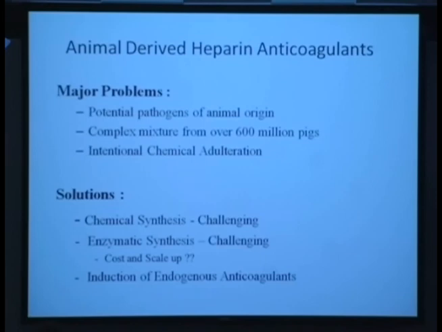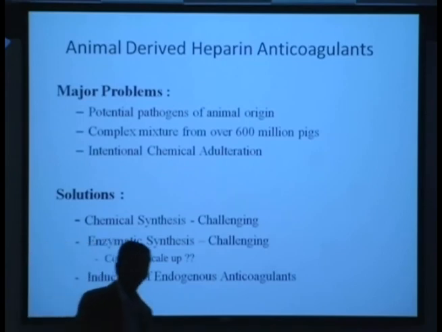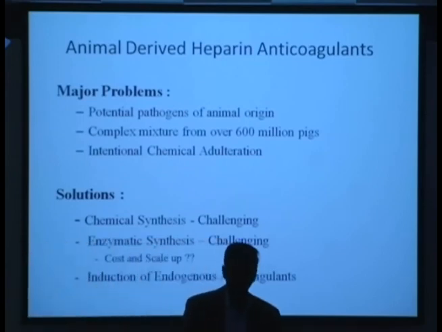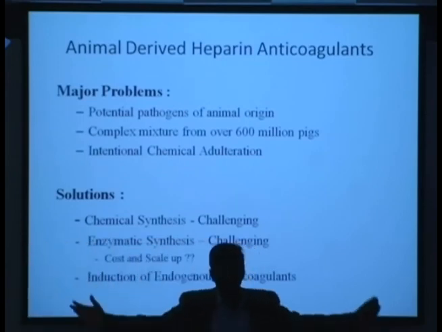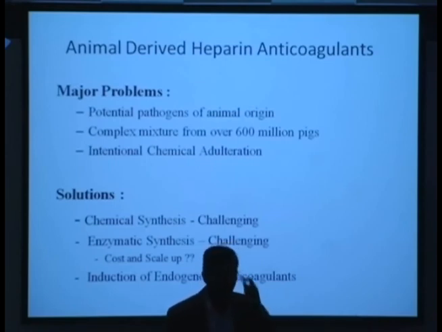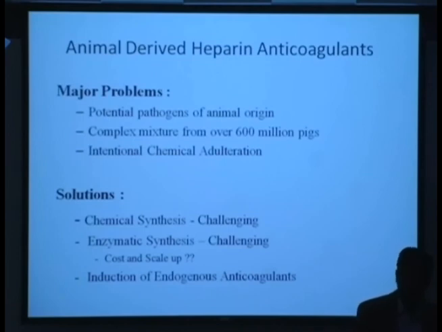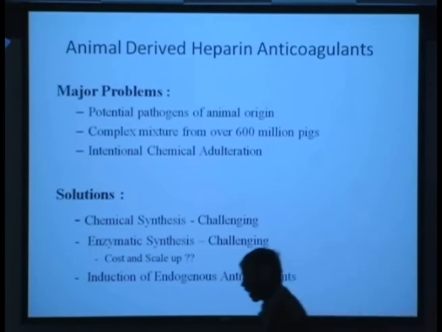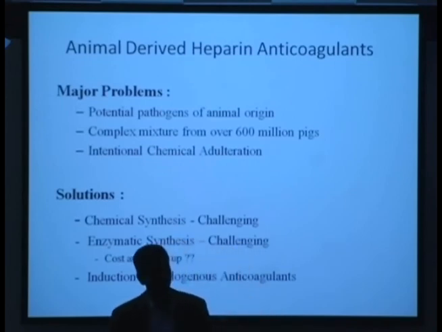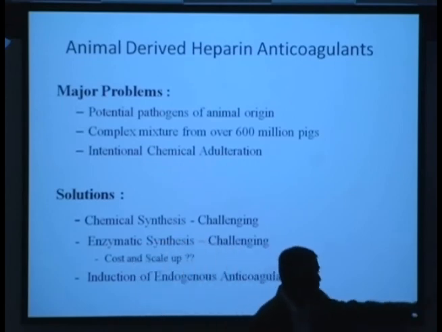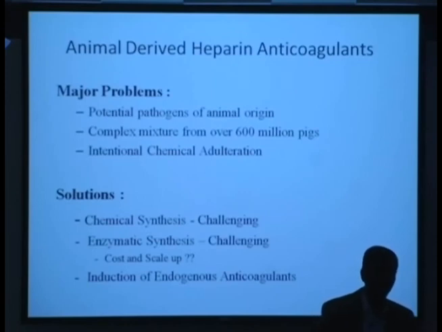So this heparin that we all use as an anticoagulant is derived from animals, and there are a lot of problems involved. Originally, until the 1990s, it was isolated from cow. Of course, a cow is big compared to a pig. After the 1990s, thanks to mad cow disease, people were scared. Until then, everybody used bovine heparin as an anticoagulant at hospitals all over the world.